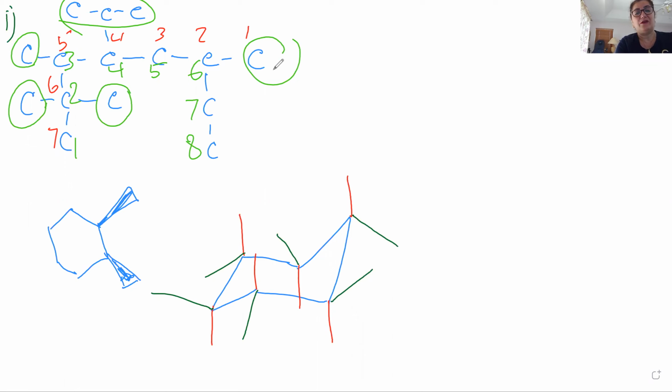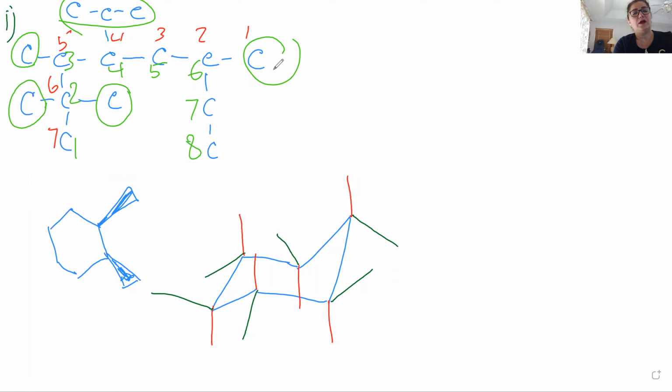If we have 5 branches here, we have to name each branch first, and then we place them in alphabetic order. And if we have like terms, we are going to combine them. For 2 like terms or like branches, we are going to use di. For 3 is going to be tri, 4 tetra, and 5 penta.